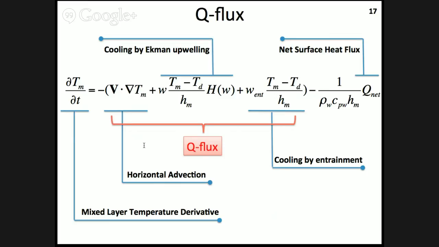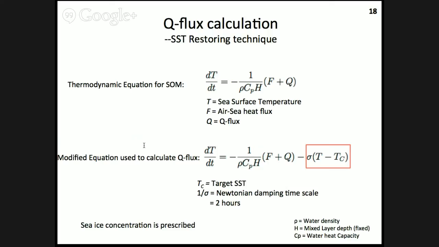But in the fully coupled hosing simulation, these terms are not calculable. So I designed a technique called the SST restoring technique. The details of this technique are introduced here.